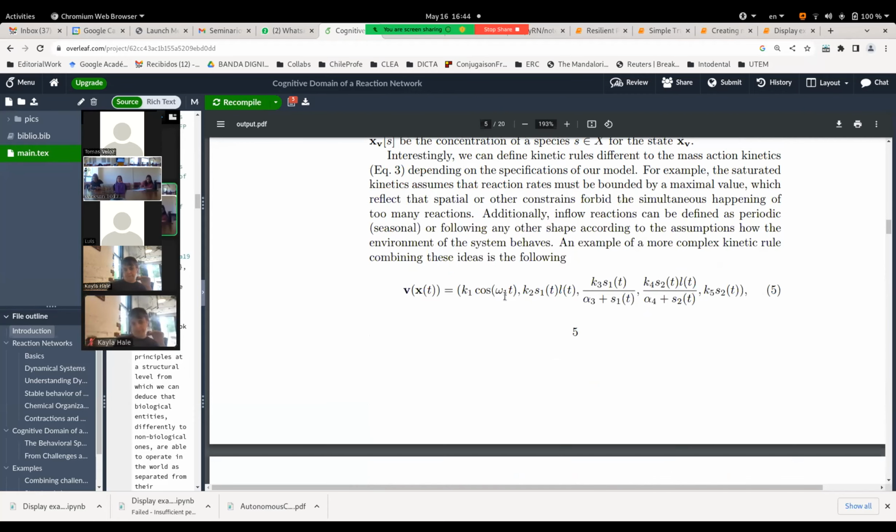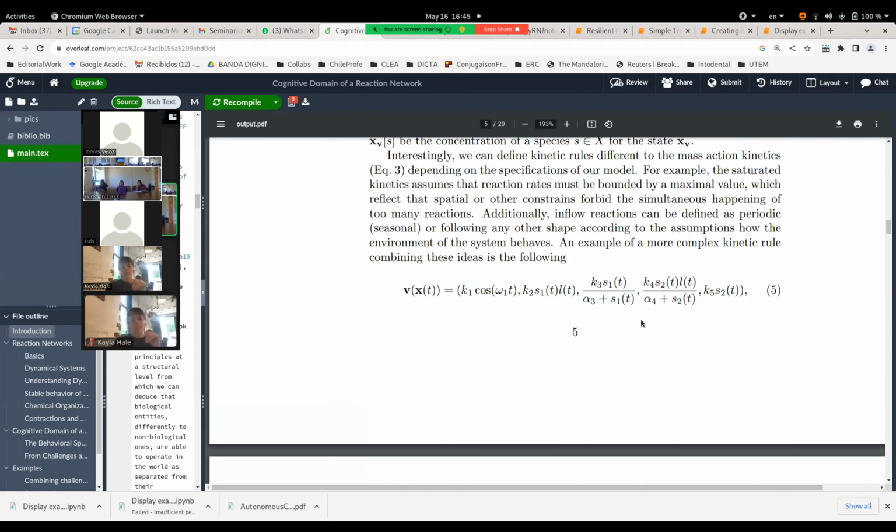That's the interesting thing. And as I explained in the article, we can choose very complex kinetic laws here. We can make light oscillatory, for example, if we have day and night, we can modulate the inflow of light with a periodic function. For this interaction, the one that we see here, we can have mass action, but here we can have some sort of kinetics that represents a saturation rate.